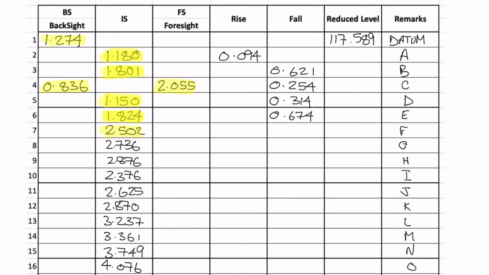The second reading is larger than the preceding one, therefore it is a fall. Next two readings, work out the difference. The second of the two readings is larger than the preceding one. Again, another fall.